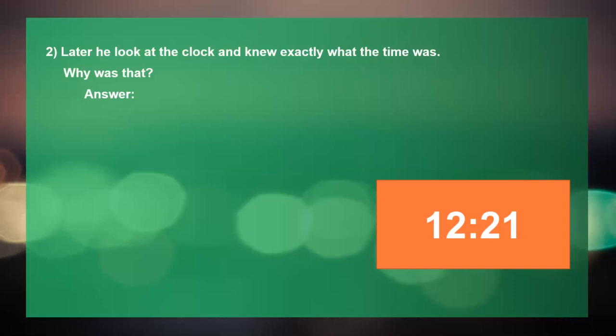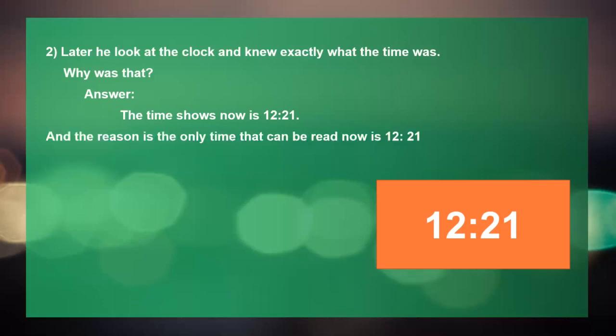So he concluded that now the time is exactly 12:21. Understand? The only time that can be read now is 12:21, because in any of the ways the time seems to be only the one, that is 12:21. That's why he concluded that it is the exact time.